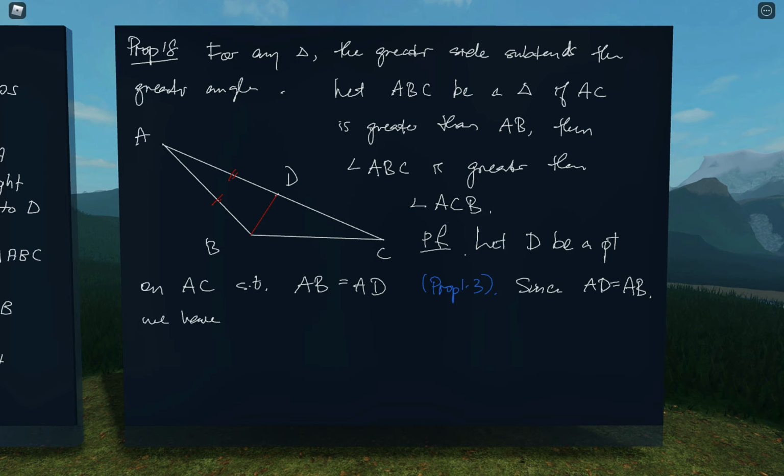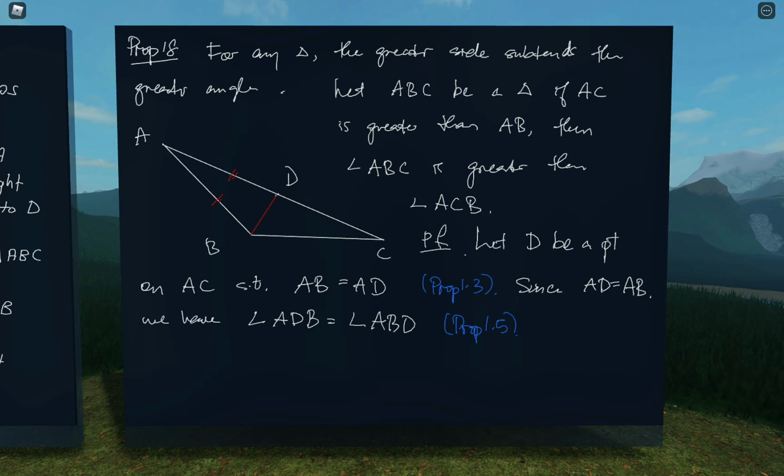There's actually a usage of proposition 5 here. At least my copy of the book doesn't cite proposition 5, but yes, they use proposition 5. So the base angle ADB is equal to angle ABD. I believe this is proposition 5.